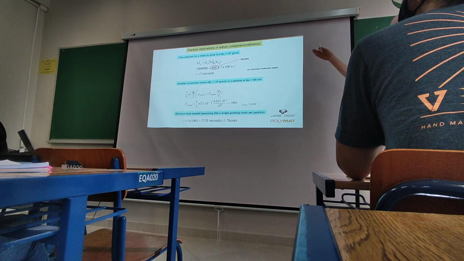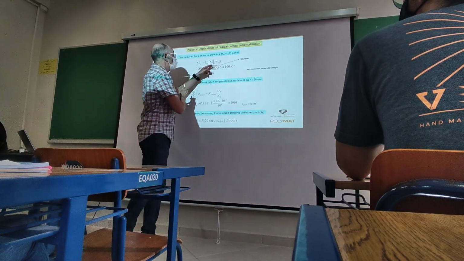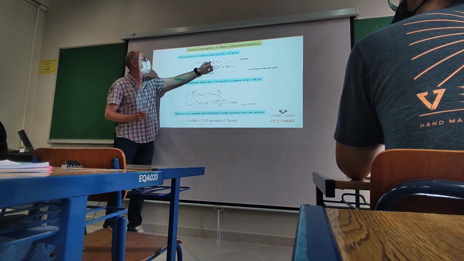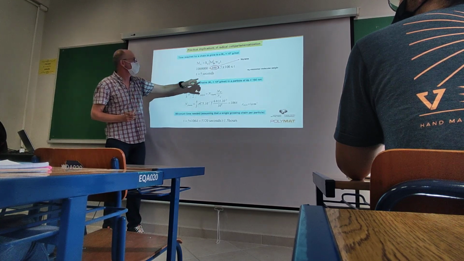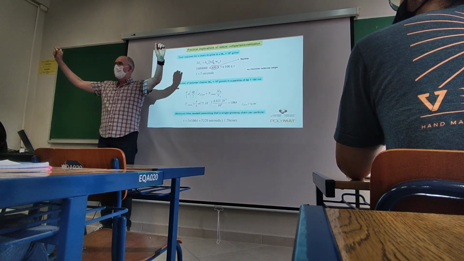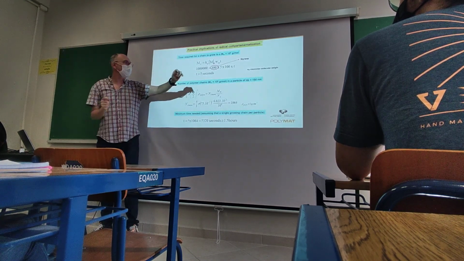So this is the calculation that you have here, done in a polymer particle. That's why we have monomer concentration in the polymer particles here. So it turns out that to create a chain of polystyrene of 1 million, I need 5 seconds.